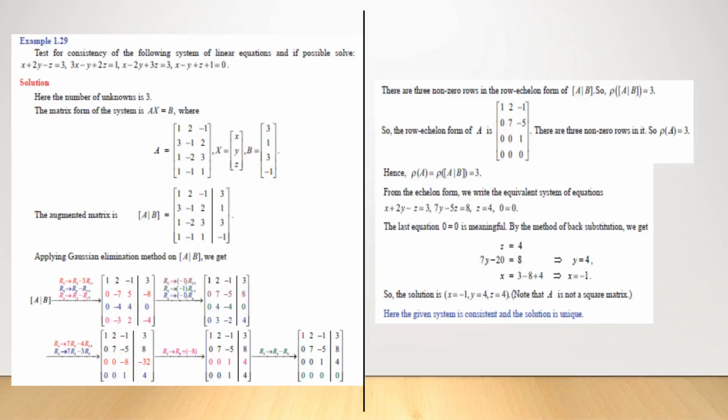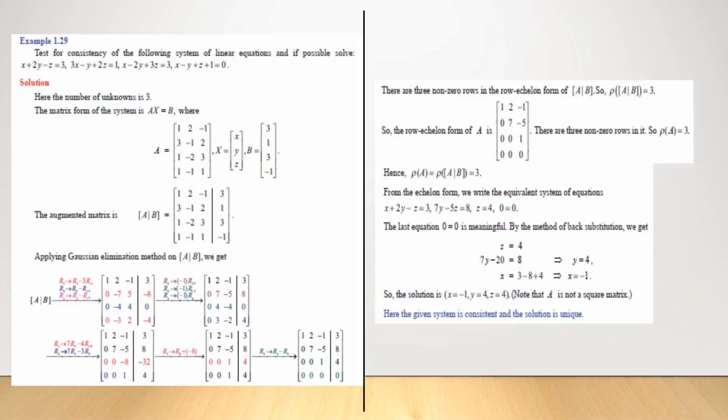So here rank of A is equal to rank of [A, B], that is equal to 3. We studied this in the table. If the rank is equal to 3, we will get the unique solution. That is, I have to convert this equivalent matrix into equation form to get the solution.